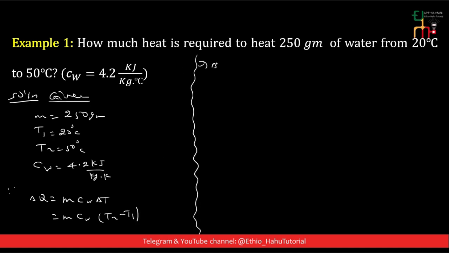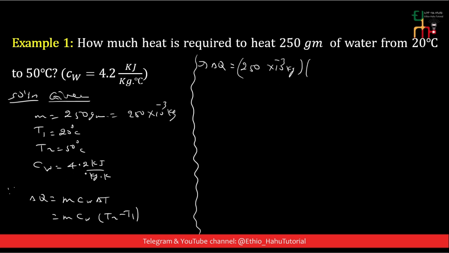This implies delta Q is equal to m in SI unit, which is 250 times 10 to the power of minus 3 kilogram, because gram is 10 to the power of negative 3 kilogram.